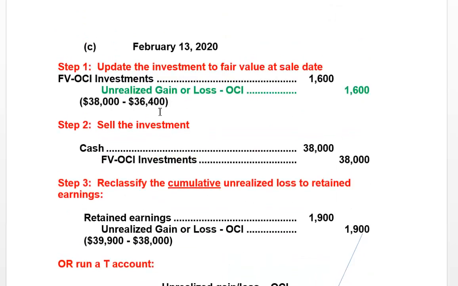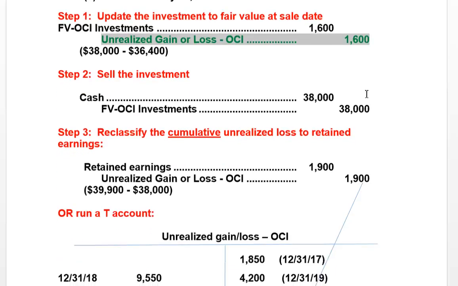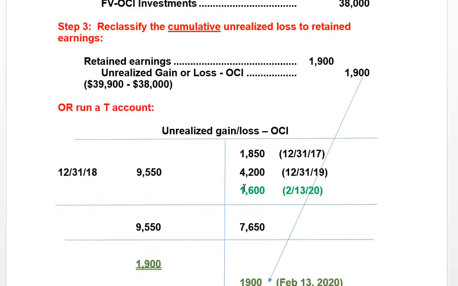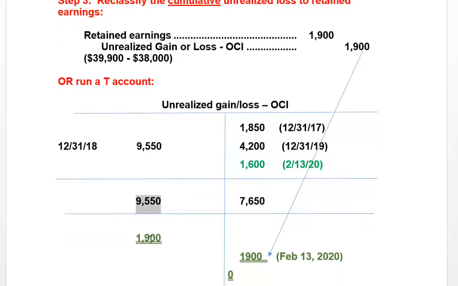At February 13th, we updated the investment to its fair value. So there's an extra adjustment we did here to update our OCI account, and that's for $1,600. So if you put that in there, you can see we have total credits of $76.50, a total debit of $95.50. So we have a net debit balance in the unrealized gain or loss account, that's your OCI account, of $1,900. That's a debit balance.